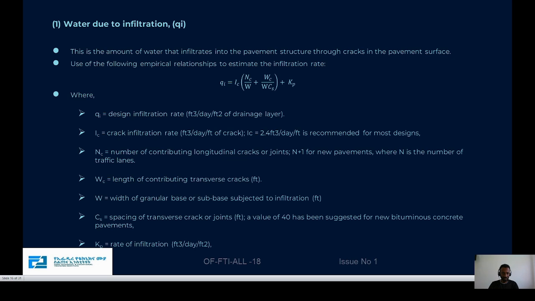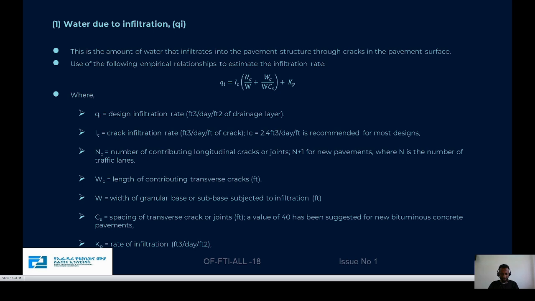The discharge infiltration rate is equal to the crack infiltration rate, mostly 2.4 cubic feet per day per foot, and we also use the number of contributing longitudinal cracks, considering the number of traffic lanes.